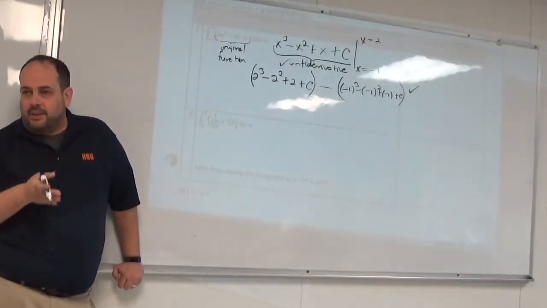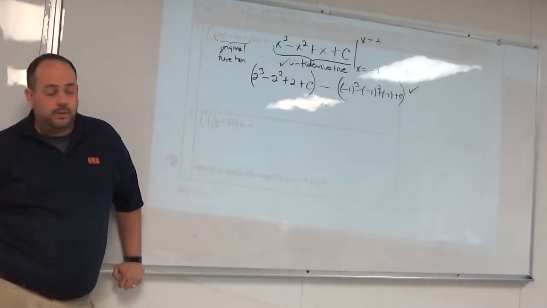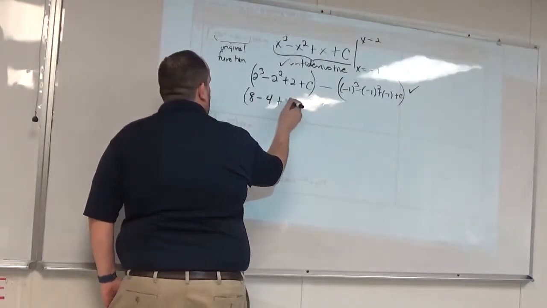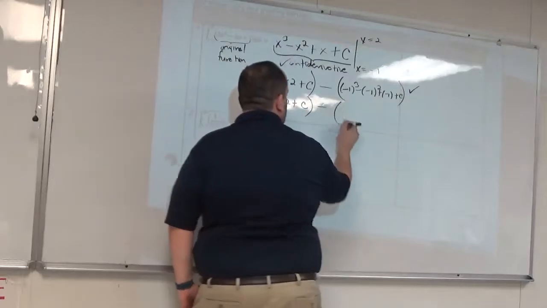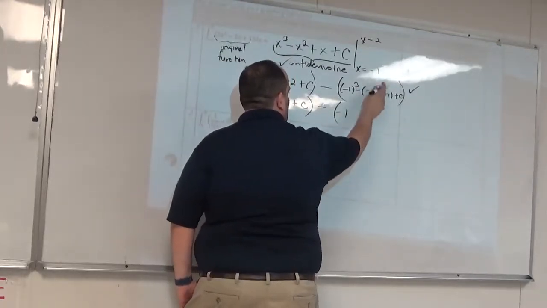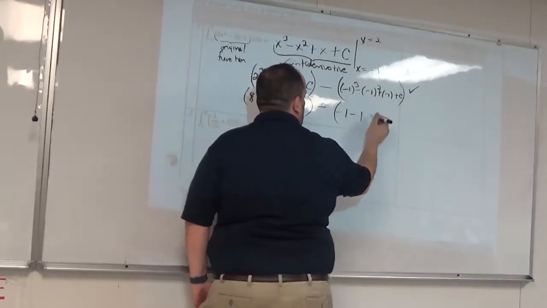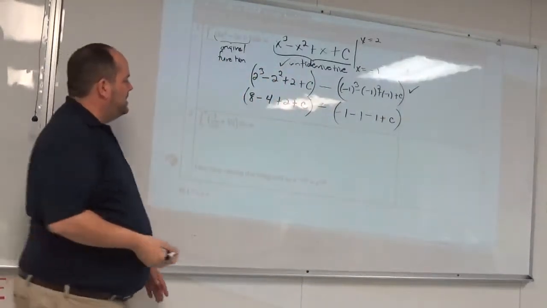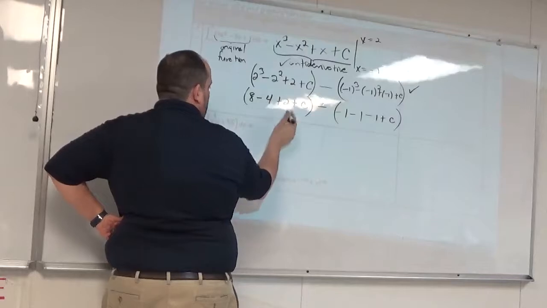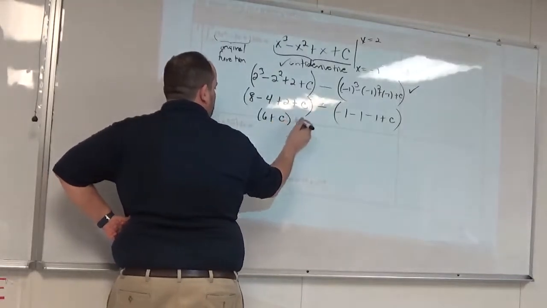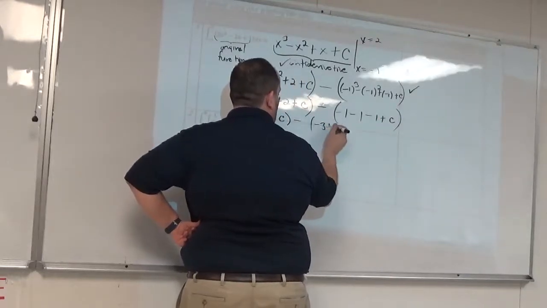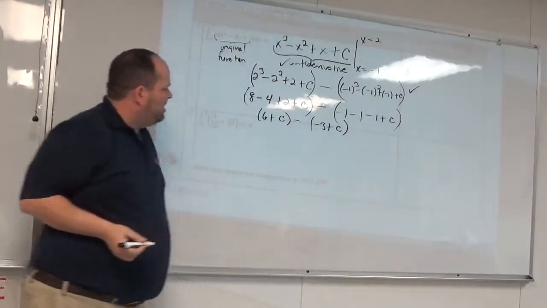On all homework assignments, you will have to simplify as much as possible. But that's not too bad, right? We got 2 cubed is 8, minus 4, plus 2, plus c; (-1) cubed is -1, (-1) squared is 1, minus 1, plus c. Nothing too crazy here. 8 minus 4 is 4, plus 2 is 6, plus c, minus (-1 minus 1 minus 1, that's -3 plus c).